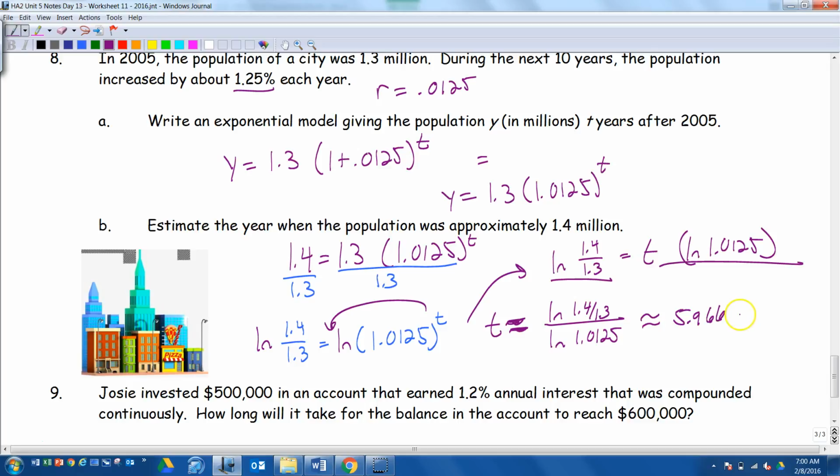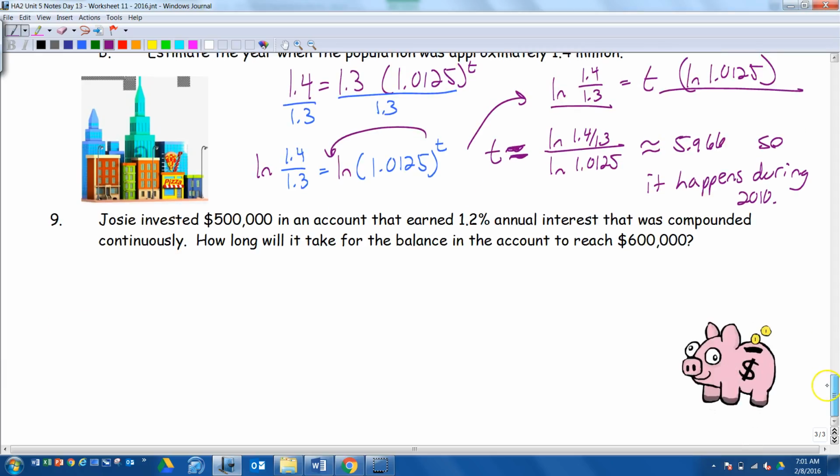It's not quite 6, so since it says when, the year, it happens 5 years in, which is almost 2011. But it happens during 2010.